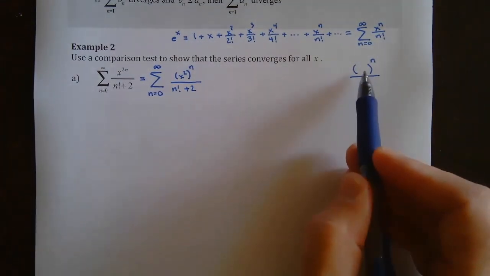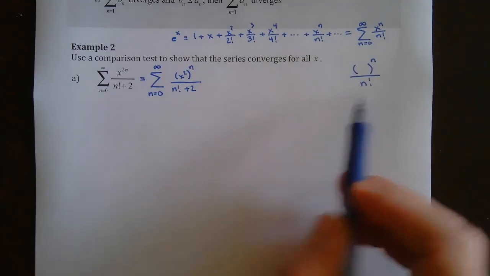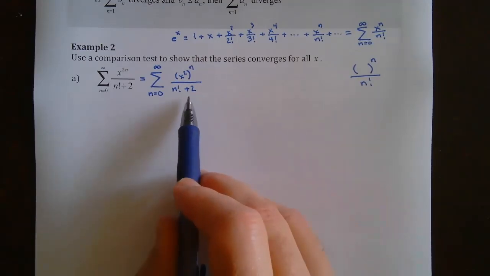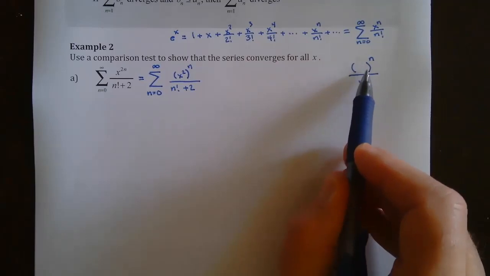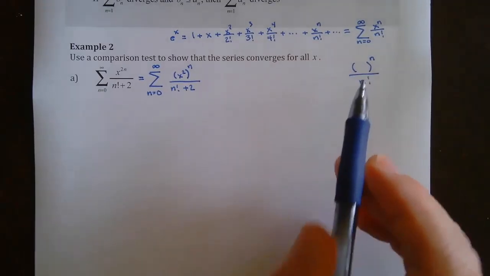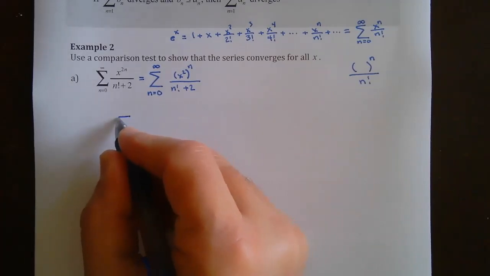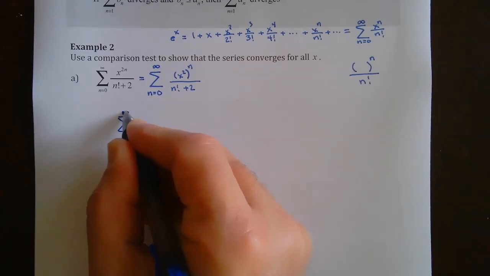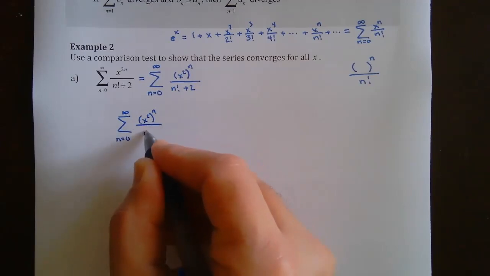So if we compare it to x squared to the n over n factorial, we would be able to tell, since this is plus 2, that this one's going to be smaller than this one, right? We're going to put an x squared here. So let's take a look at sigma n equals 0 to infinity of x squared to the n over n factorial.